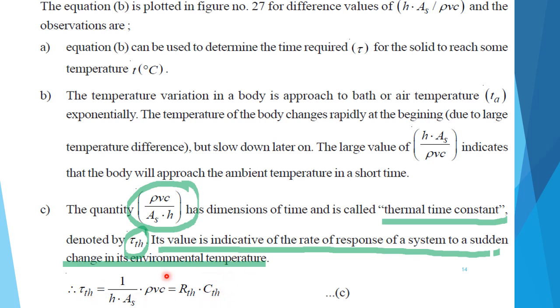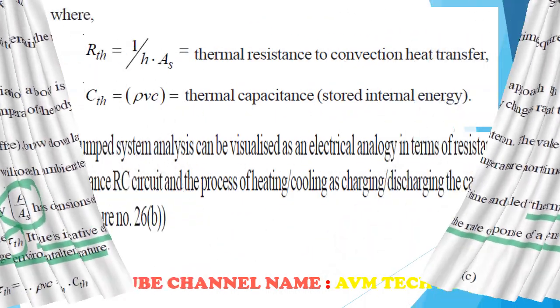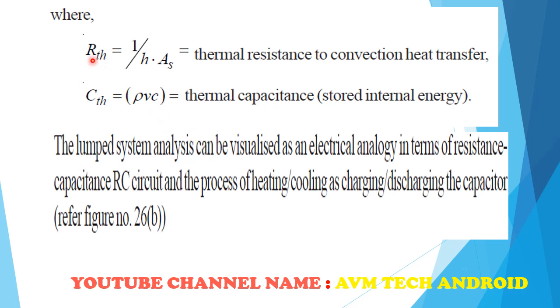So tau th, the thermal time constant, is a multiplication of thermal resistance and thermal capacitance. The same thing is mentioned here: Rth is the thermal resistance to convection heat transfer, and Cth is the thermal capacitance, that is the stored internal energy.